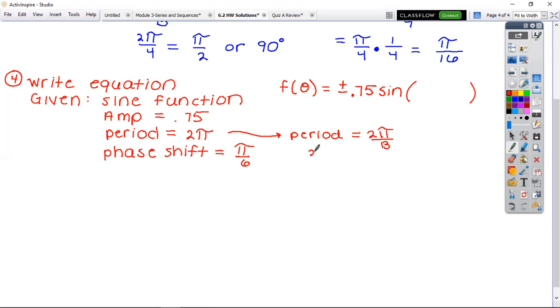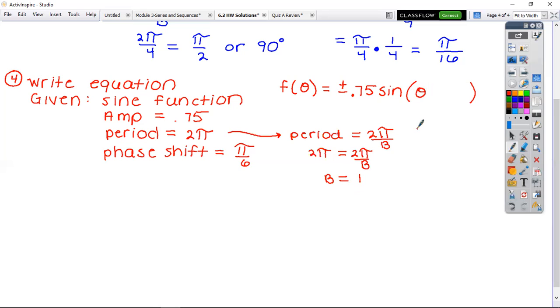And I know that 2 pi would be equal to 2 pi divided by what? 1, yeah. You could really solve that if you needed to, but really not necessary. So b is equal to 1. So I would technically have 1 theta.